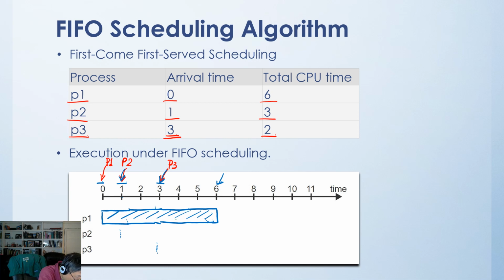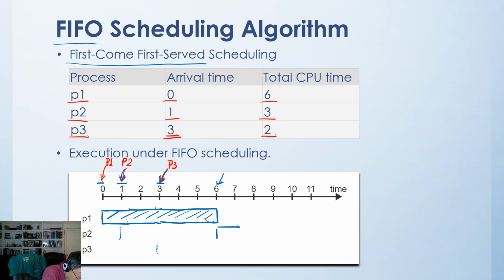Which process is the scheduling algorithm going to pick? Based on FIFO, or FCFS, it checks the arrival time. So process 2 is going to run because it arrives earlier than process 3.